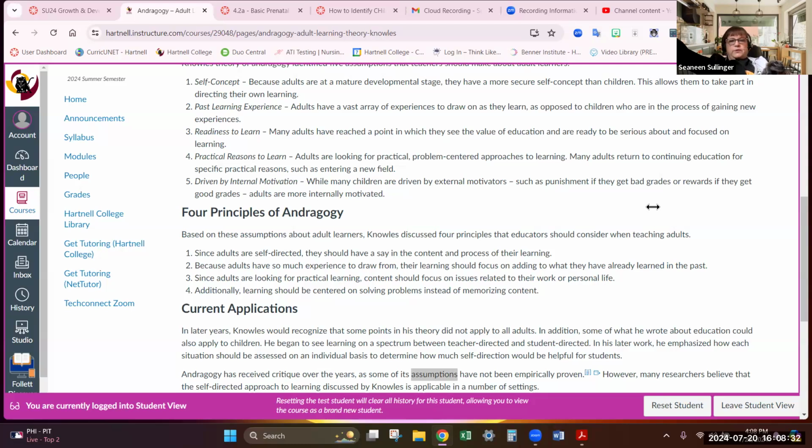Content should focus on issues related to their work or personal life. So things tend to focus on work as a healthcare professional, because not everybody in the class wants to be a nurse. I've had students that want to be physical therapists, speech therapists, occupational therapists. Some students just take it because they would rather take 70 class than the Psych 25 class. This class is also specifically geared towards the healthcare professional.